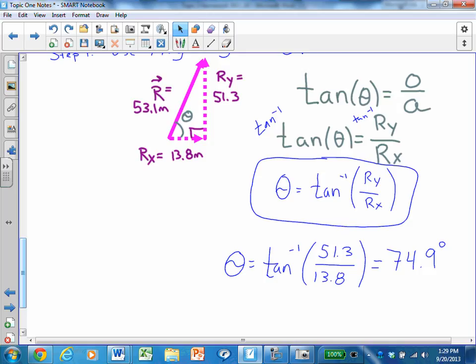In a right triangle, what angle does that correspond to? The calculator doesn't care that it's 51.3 and 13.8. What it cares about is the value of the ratio, that divided by that, and it will tell you what angle that corresponds to. So that gives us our direction, and now we've solved it with both x, y, and the direction. Okay?